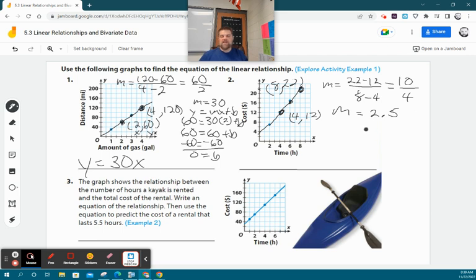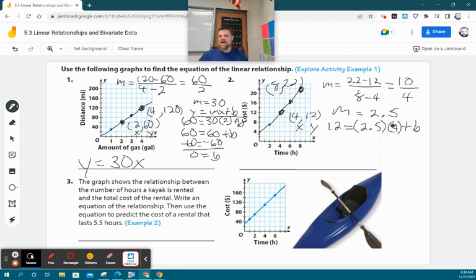Now I have to find b. So I'm going to pick an x and a y value and plug it into this equation, y equals mx plus b, and then solve for b. So y, which is 12, should equal 2.5, which is the slope, times the x value, which is 4, plus b, but I don't know what b is yet.